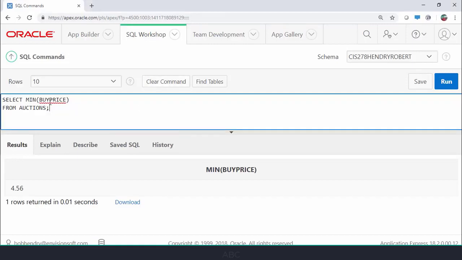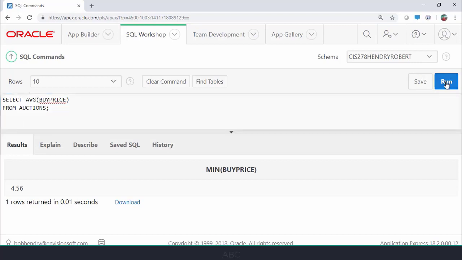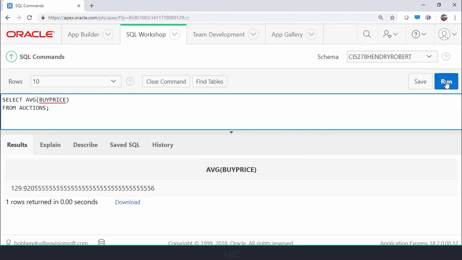So if we want to see the average buy price, we can say AVG buy price from auctions, and then click on run. So our average buy price is $129.92. All right, that is fairly easy.